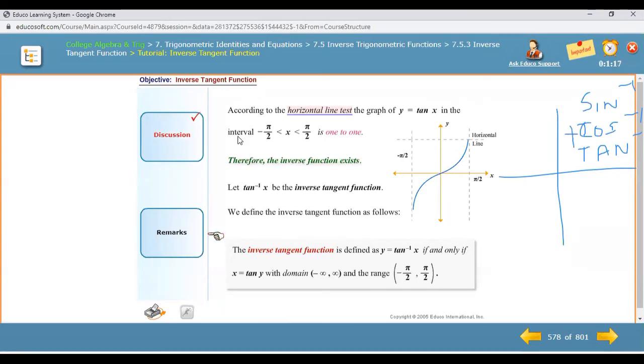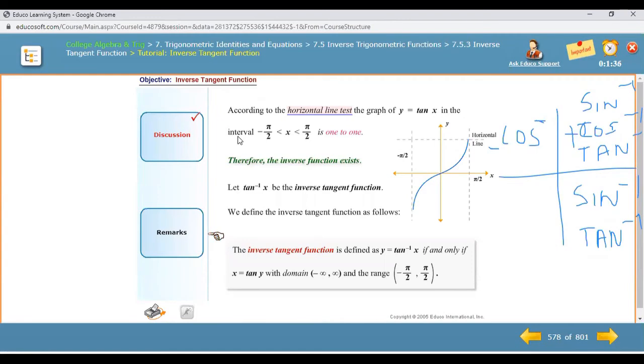The negative value of sine inverse and the negative value of tangent inverse are here in the fourth quadrant, and the negative value of cosine inverse, if you're trying to calculate, will be in the second quadrant.